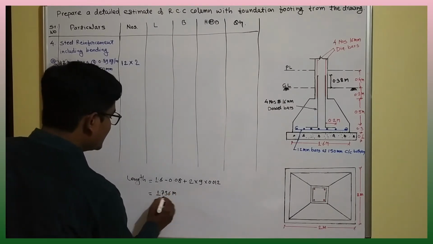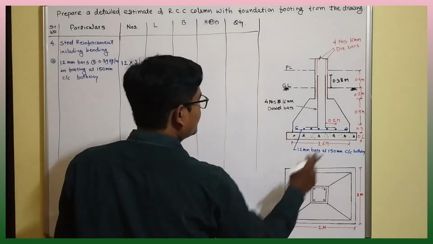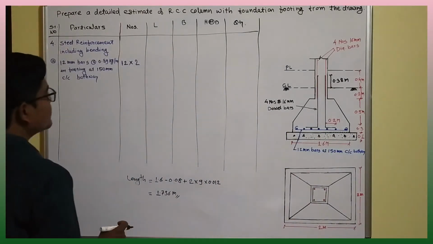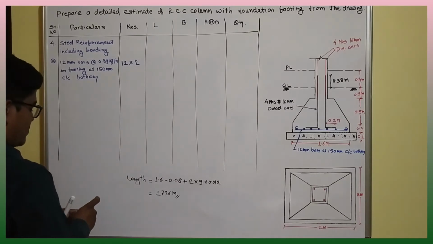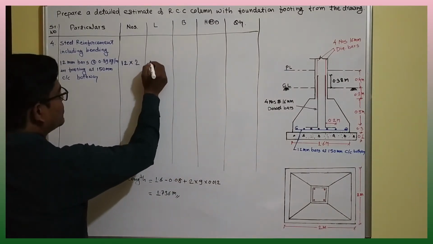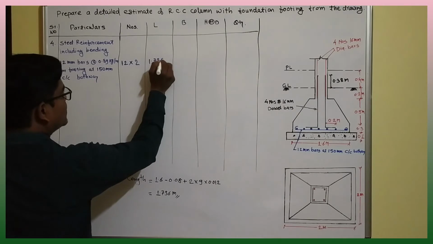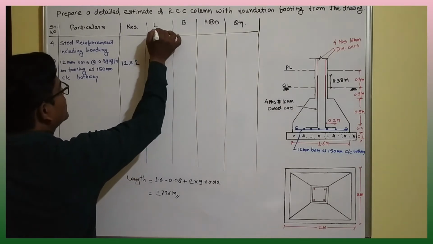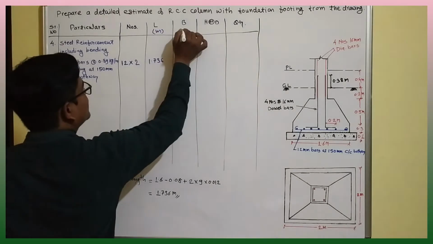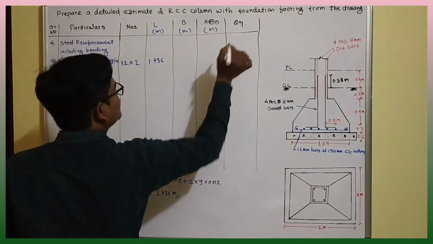So this is the total length of the single steel bar. Now in the length column I will write 1.736 meter. This is the length in meter, breadth in meter, height or depth in meter.